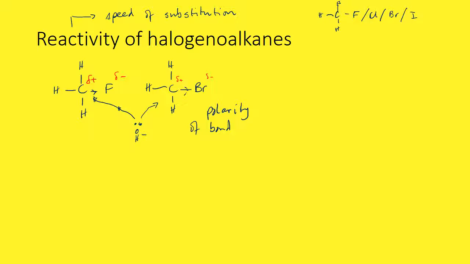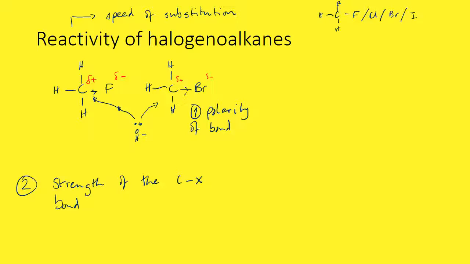All right, so let's put a number 1 there, because that's the first factor that affects the speed of substitution. The second factor, which is the strength of the carbon halogen bond, would also, obviously, if it's a weak bond, it's going to substitute more quickly than if it's a strong bond.